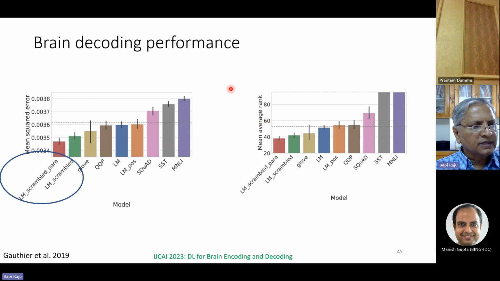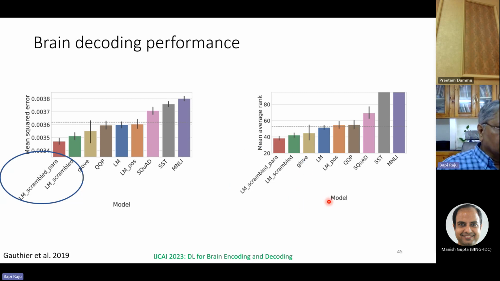Remember the rank accuracy metric for the decoder, where the decoded representation is compared across all the other candidates to see how well these predictions rank among all the other ground truth vectors, right?